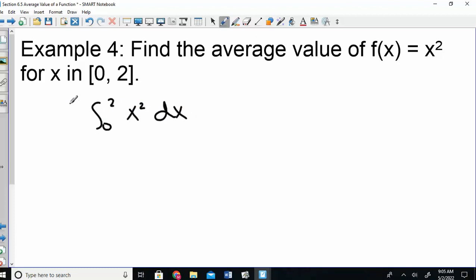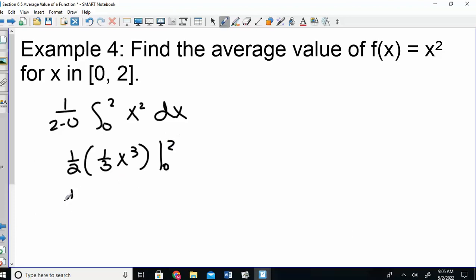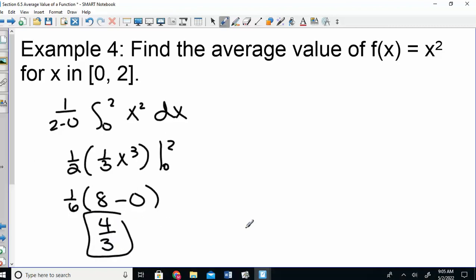And what do we need to put in front of it? So we get 1/2 times the antiderivative of x squared, which is 1/3 x cubed, from 0 to 2. 2 cubed is 8, minus 0 cubed is 0, so 8 over 6, or 4/3. Is that okay?